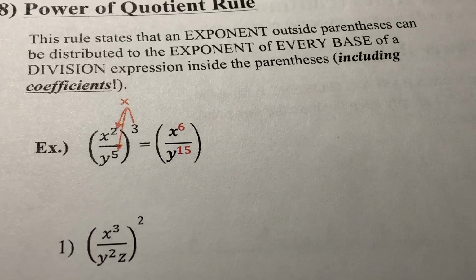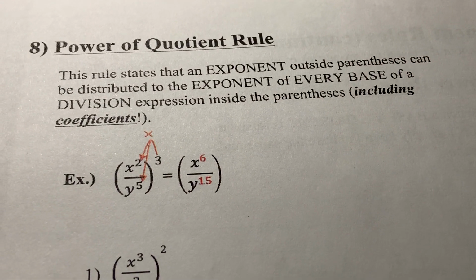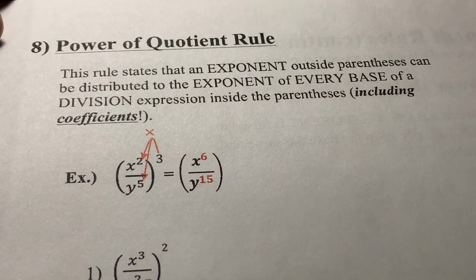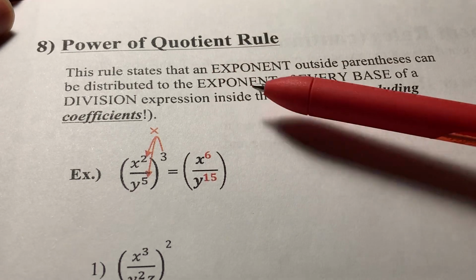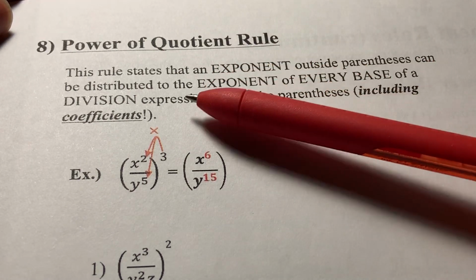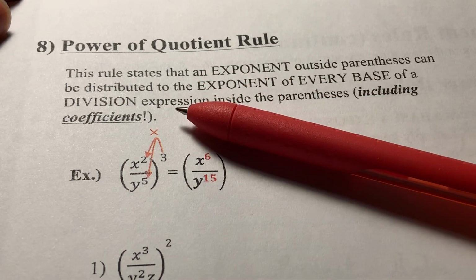All right, now, the power of quotient rule states that an exponent outside parentheses can be distributed to the exponent of every base of a division expression inside the parentheses, including coefficients.